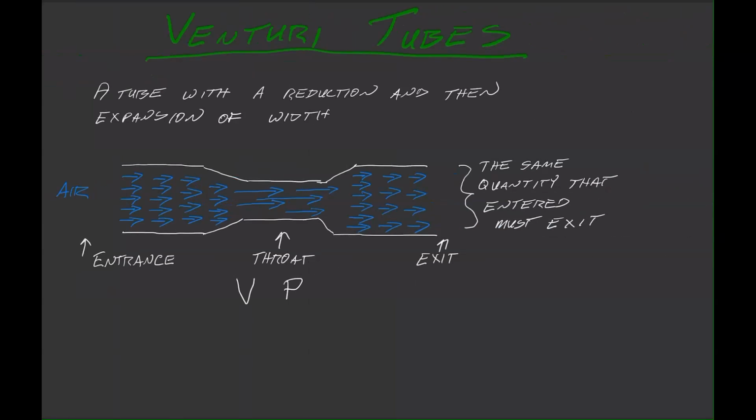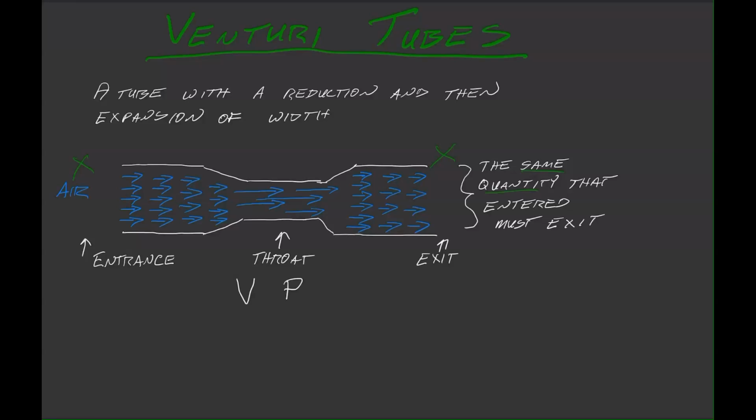Let's talk about Venturi tubes briefly. A Venturi is basically just a tube with a reduction and then an expansion of width. It's kind of a magical tube because of what happens. One thing to keep in mind is that with this tube, the same quantity that entered exits.